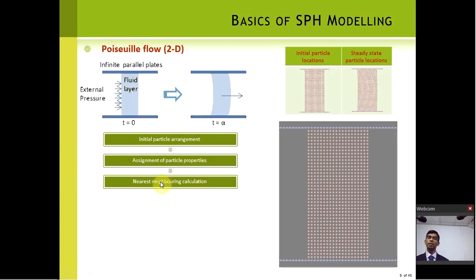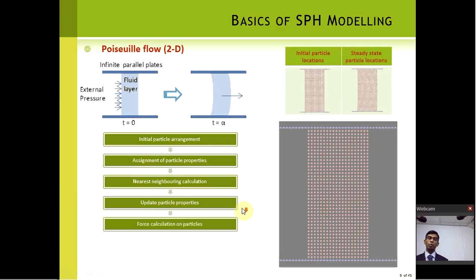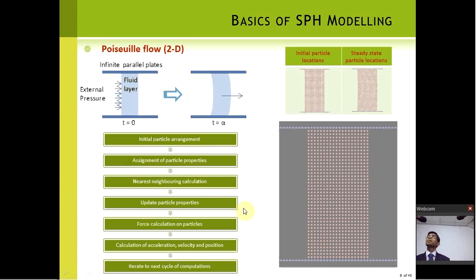As I mentioned previously, in each time step we need to calculate the neighbors of each particle. That is done, and we update particle properties and calculate forces. Using forces, we calculate acceleration, find velocity, and find position, which gives the shape. And we continue our simulation.